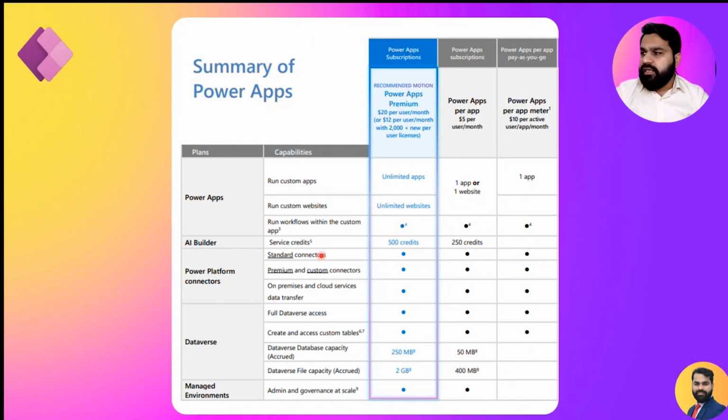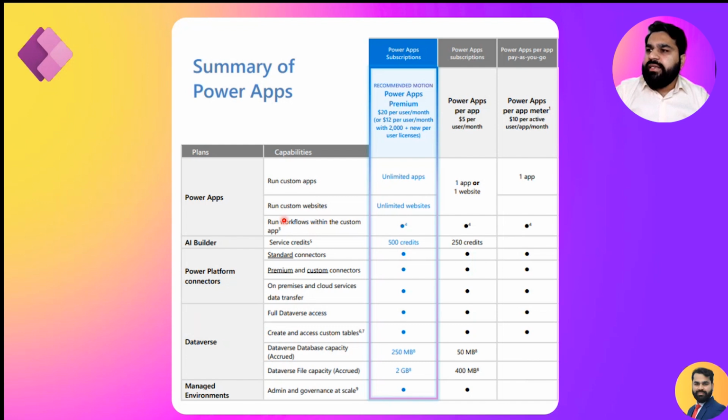Standard connectors are available. Users can access those. Premium connectors are available, custom connectors also, and then on-premise data gateways as well. Full Dataverse access will be given to users, and they will be able to create and access custom tables also. No Dataverse database or file storage capacities will be provided to the users in this case.